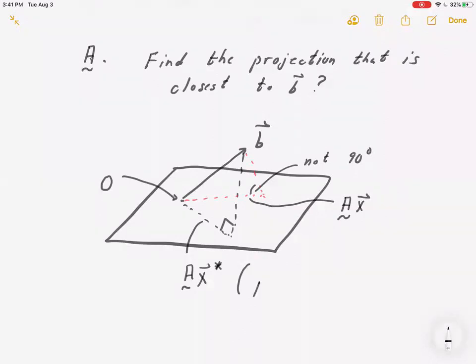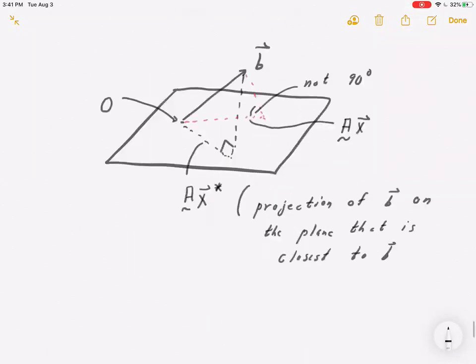And so this is the projection of B on the plane that is closest to B.